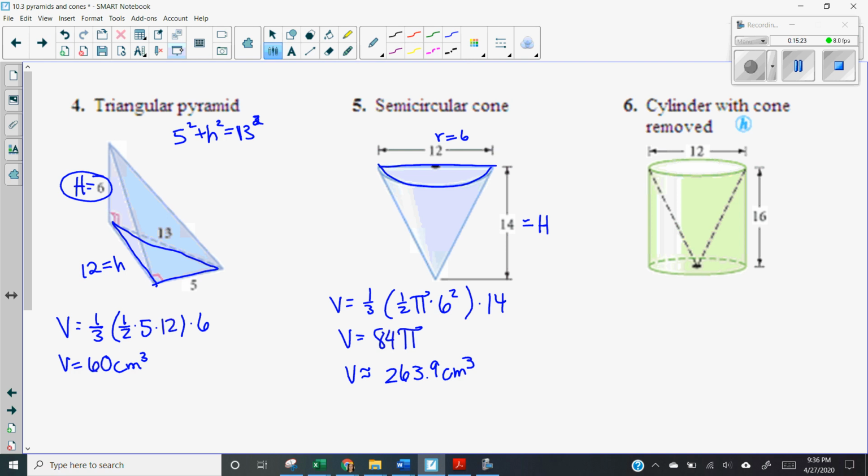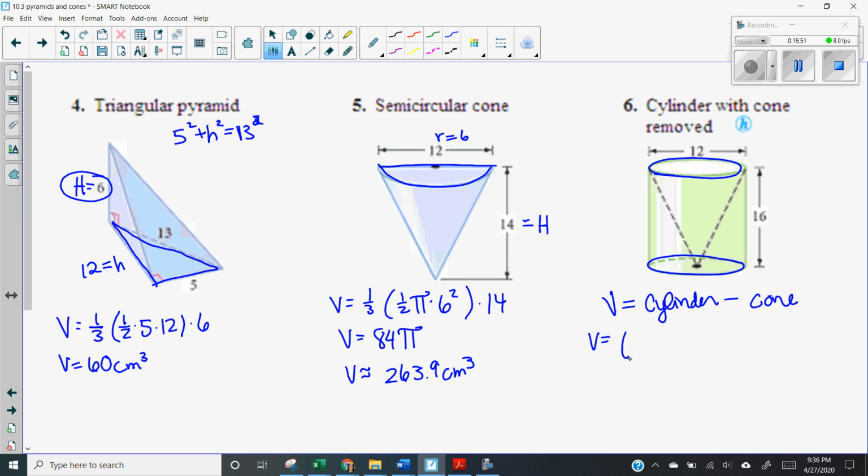So let's think big picture first, right? If we started with the whole thing, we want the volume of the cylinder minus the volume of the cone. Well, if we don't want it, we're going to subtract that out from our total. Now, the cylinder is just area of the base times the height. Our base, in either case, is that circle, whether we're talking about the cylinder or the cone.